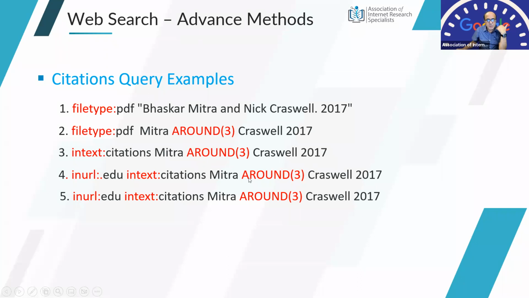Another question is, can you use multiple instances of around in the same search query? I would advise not, because it is one of those operators that work best when you don't use more than one instance of this in the same query.